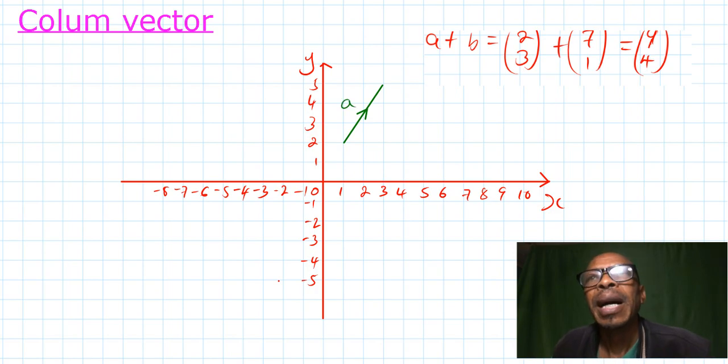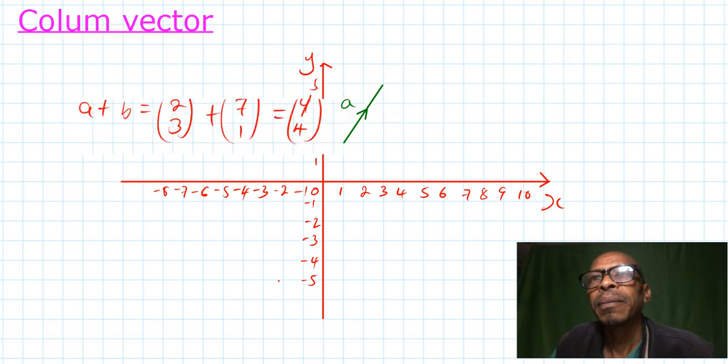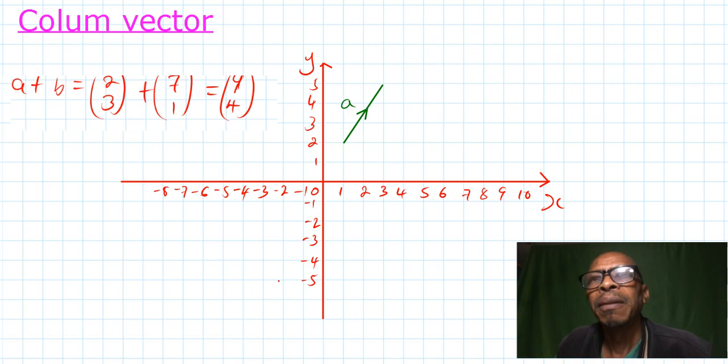Then we have B. B is 7 units along the x-axis, 1, 2, 3, 4, 5, 6, 7, and how many units along the y-axis? 1.